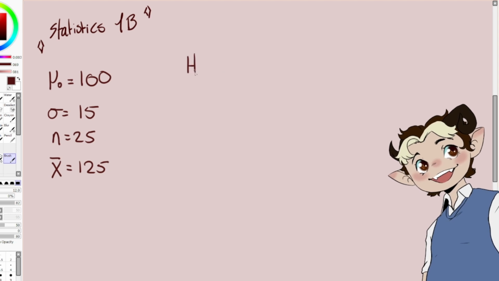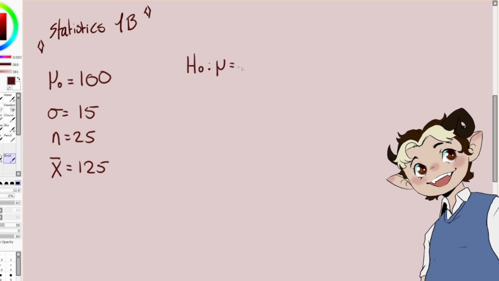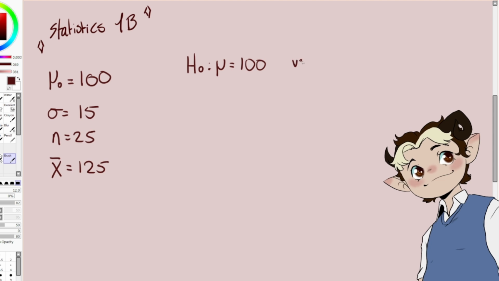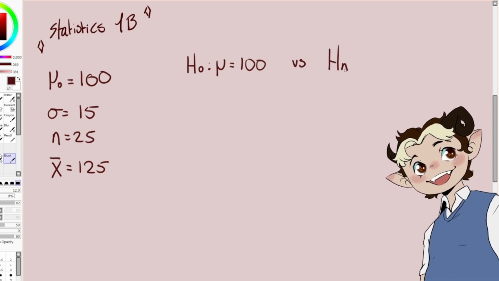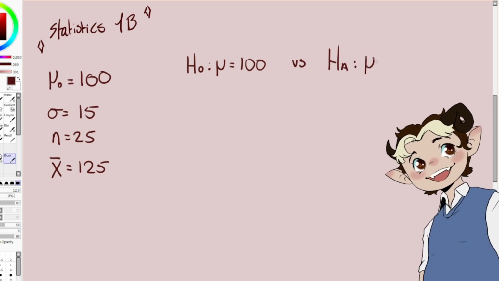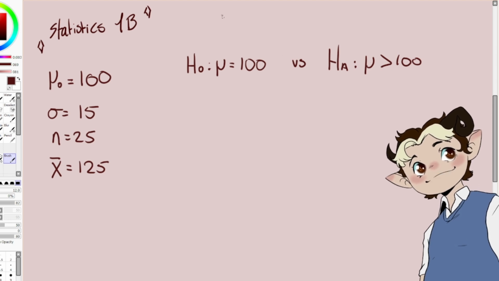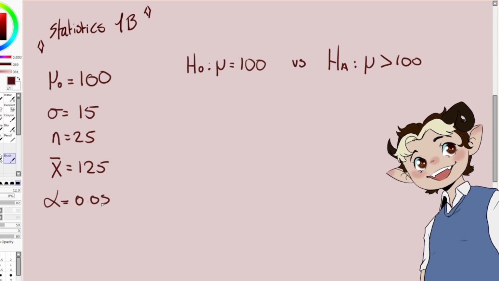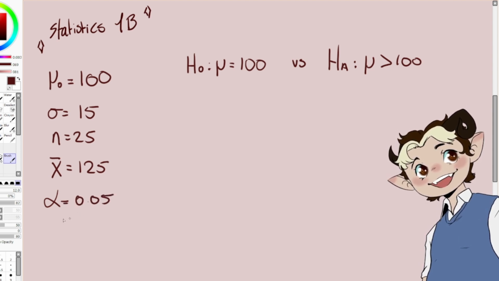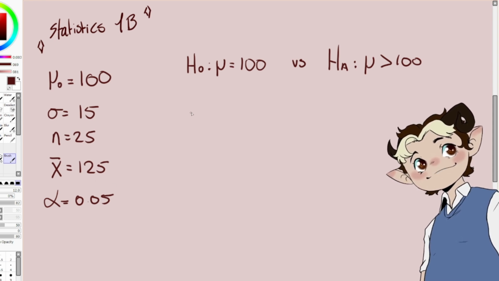So now our null hypothesis is that mu is 100, the true population mean is 100, versus our alternative that it is more than 100. Then we're going to do the testing. And let's say that our cutoff point is at 0.05, because that is what we look at most of the time. There are smaller ones, but generally it's 0.05.